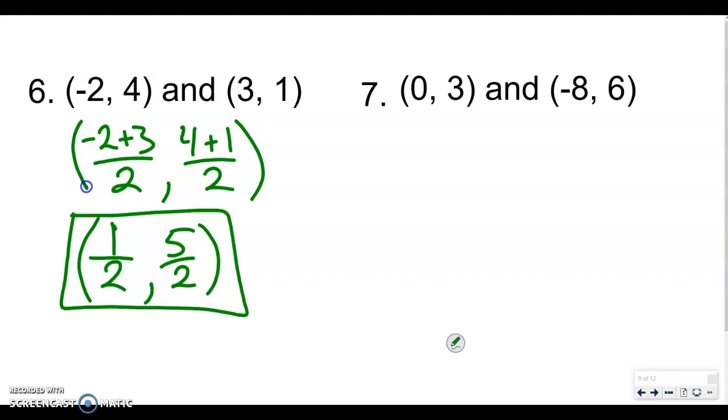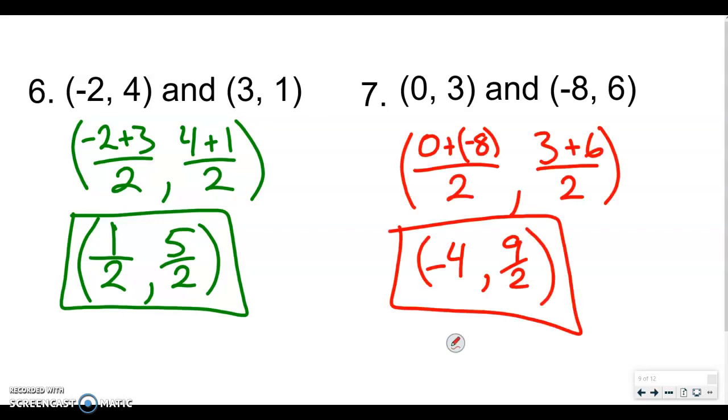So go ahead and pause there and find number 7. All right, so for 7, you should have gotten -4 for x and 9/2 for y. Remember, adding your x's dividing by 2, adding your y's dividing by 2.